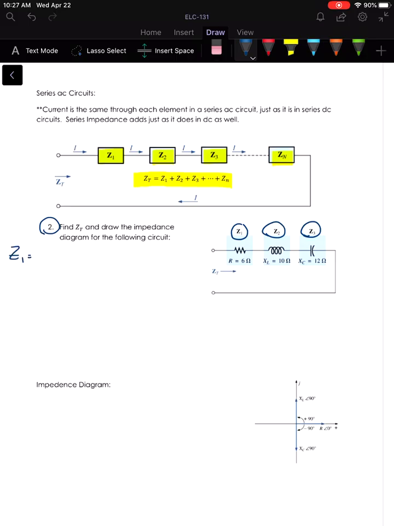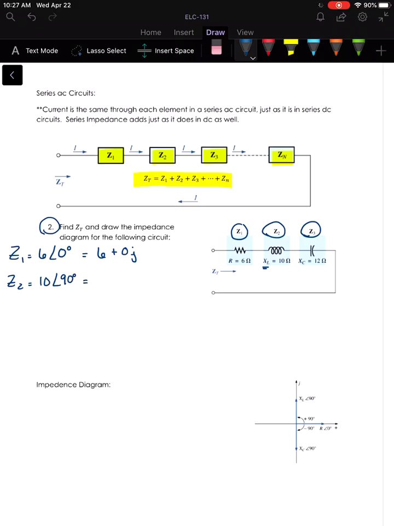So Z1, that's a resistor, so that would be 6 at 0 degrees, or in rectangular form, 6 plus 0J. Z2 is an inductor, so that's going to be at a positive 90 degrees.